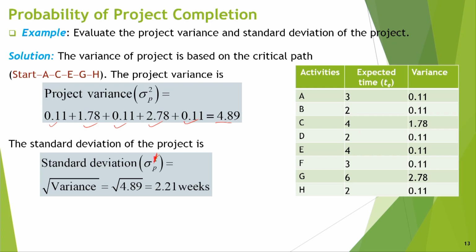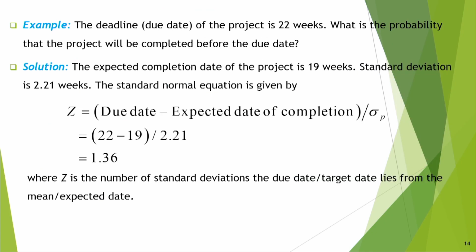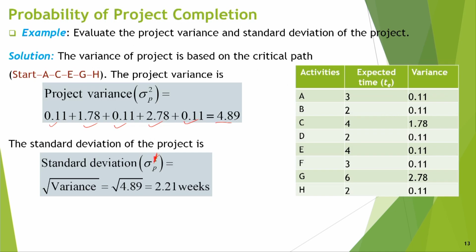So, 2.21 weeks is the standard deviation. Now, let us see the problem. Suppose the deadline and the total project time, I already said that it was 19 weeks. So, mean was 19 weeks.